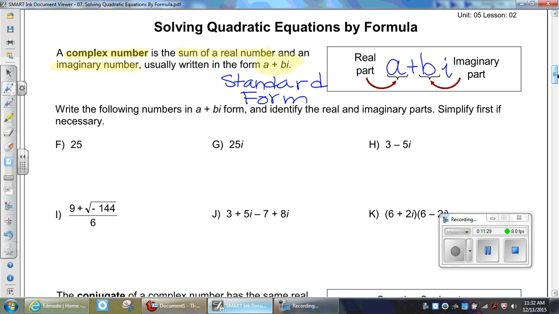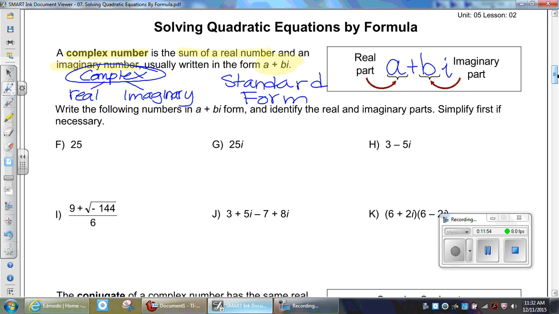So any form, whether it is imaginary or real, could be written in standard form because they are all complex numbers. Remember, we said complex is the big set, real is a subset, and imaginary is also a subset. But the big thing is the complex numbers, the big set.